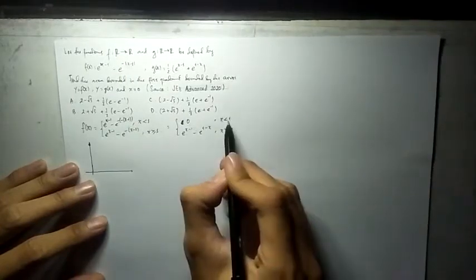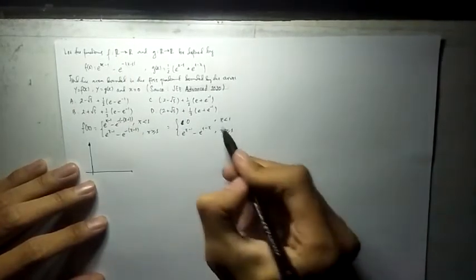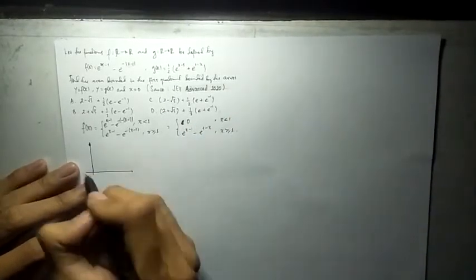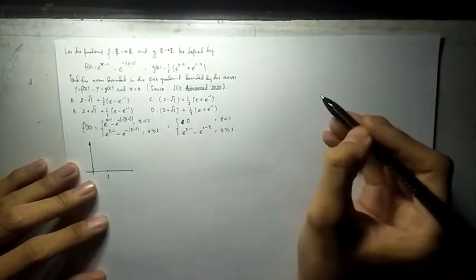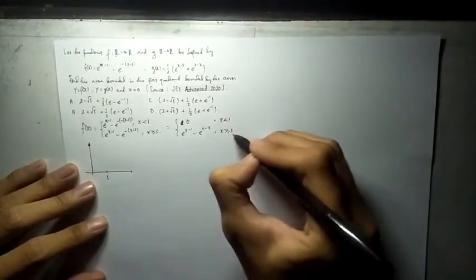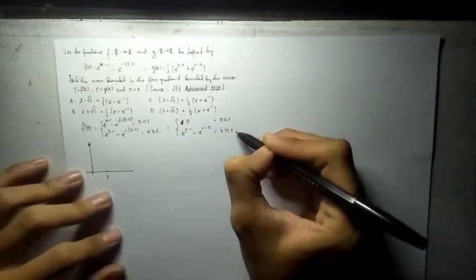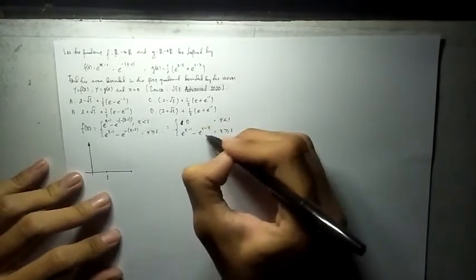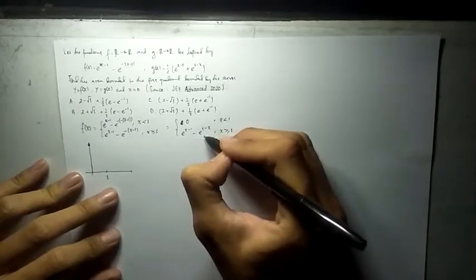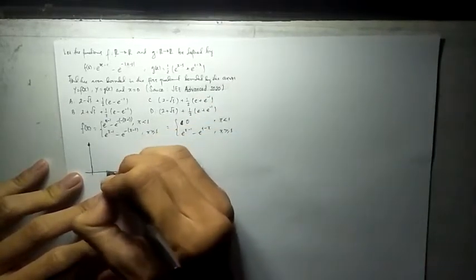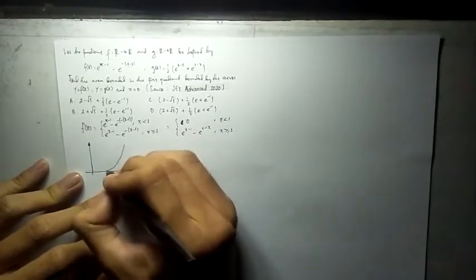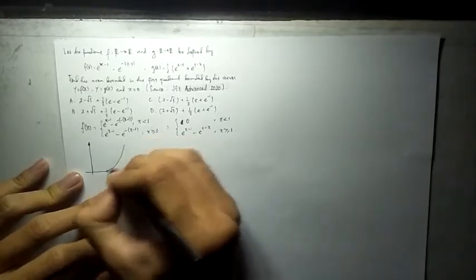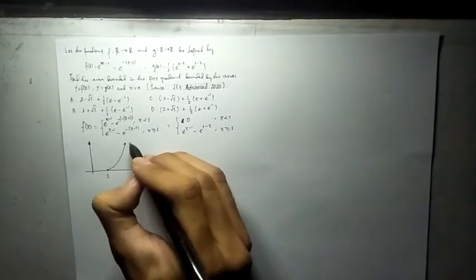When x is less than 1, f equals 0, so all the values are 0 before 1. Now for x greater than or equal to 1, it's e to the x minus 1 minus e to the 1 minus x. It's exponential, so you know the graph of an exponential function is like this. So that is f.